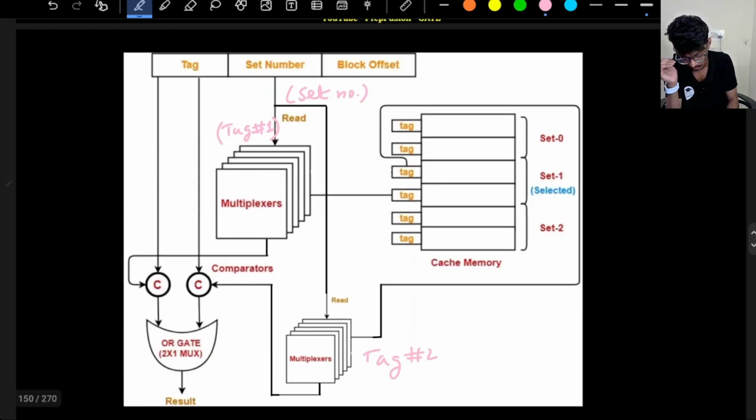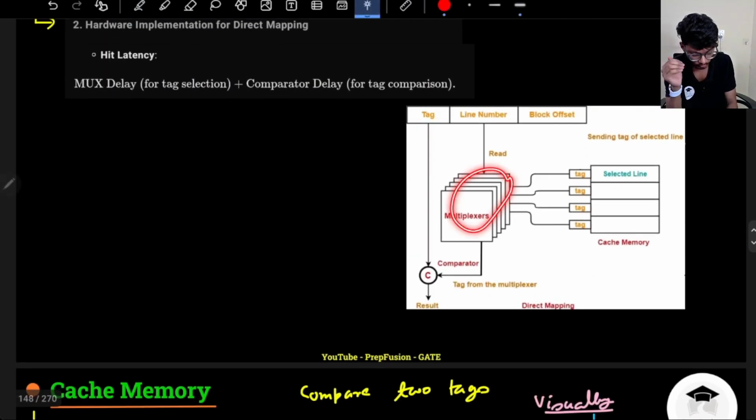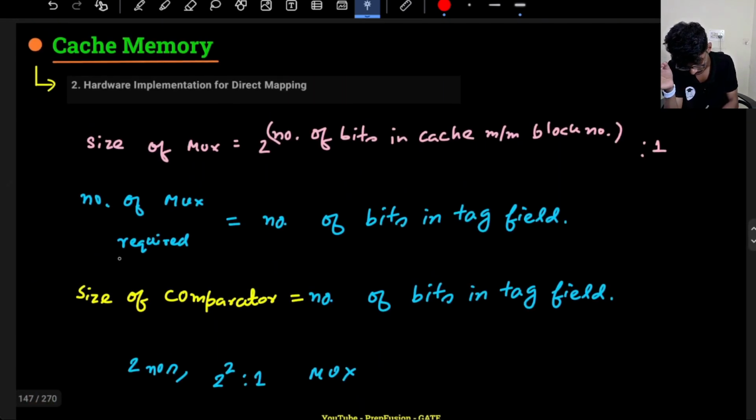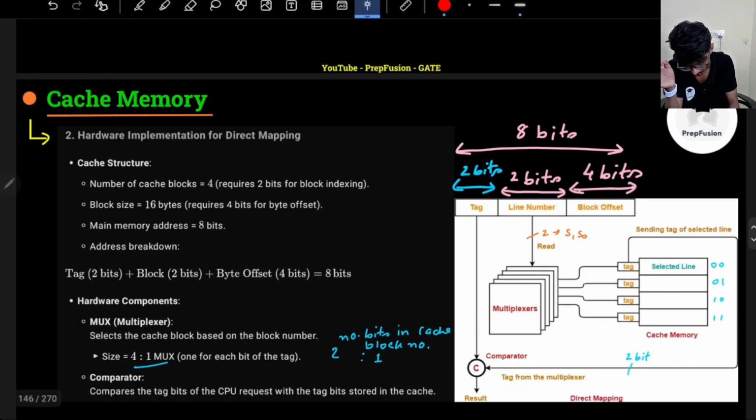Previously I had only a single mux, depending on the size of the tag, here I had 4 tags. So what was the size of the tag here? The number of bits in the tag field, if you remember what we calculated, was 2. So I will require 2 muxes.